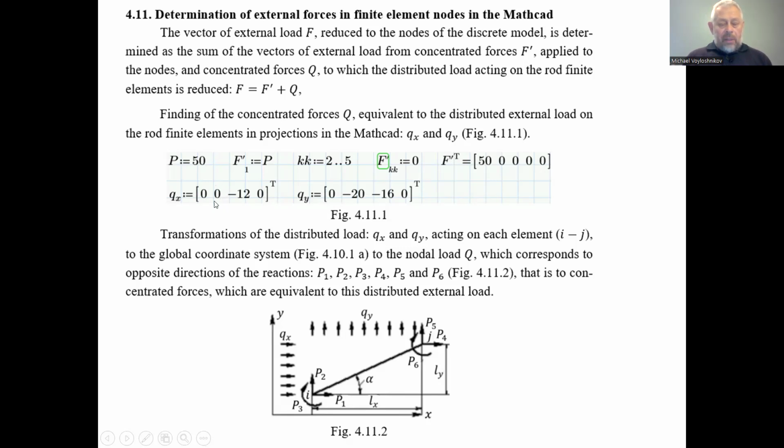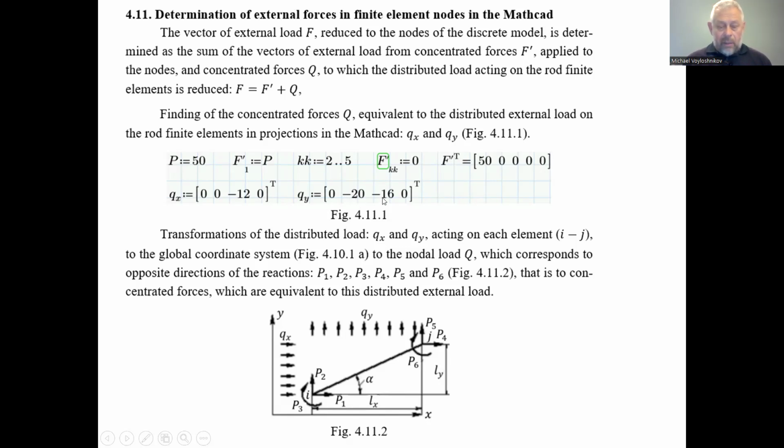On the second finite element, the horizontal beam between the nodes 2 and 3, we indicate the magnitude of the distributed load Qx, the projection on the horizontal axis x, as 0, because this second finite element does experience the distributed load, but in the vertical direction. This is a downward directed distributed load acting on the second finite element, and this is assigned -20.